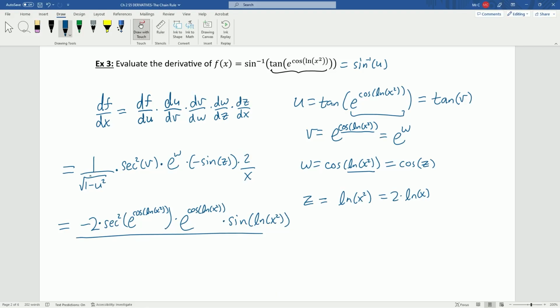And remember I already put the 2 in front, so on the bottom, I'll move this x to the front, times the square root of 1 minus u squared. That's really the biggest problem, just fitting all of u into this expression. Tangent squared of e to the cosine of ln of x squared.